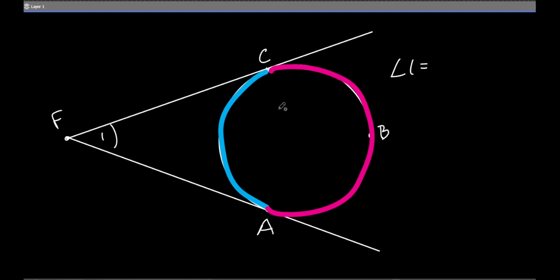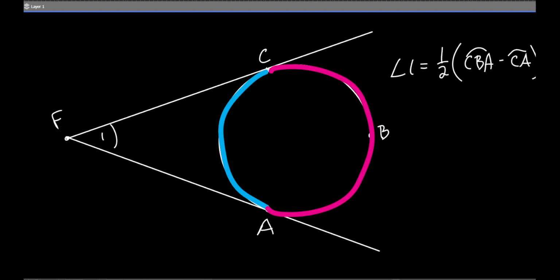It breaks it basically in two parts, doesn't it? So those two parts make up the whole entire circle. Yes? All right, so what can we do? Angle 1 equals 1/2. What do you think? Arc. What's the big arc? CA. Why do I have to go CBA? Why can't I just say CA? Because it's a major arc. It's more than 180, right? So I got to use the 3 letters. So it's CBA minus arc CA.